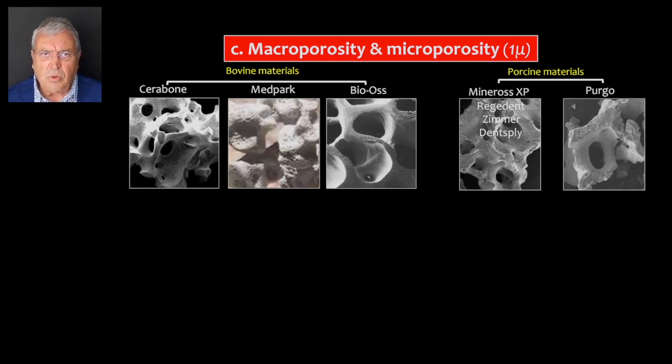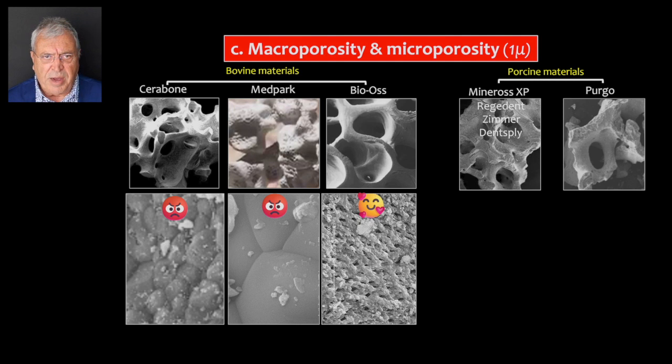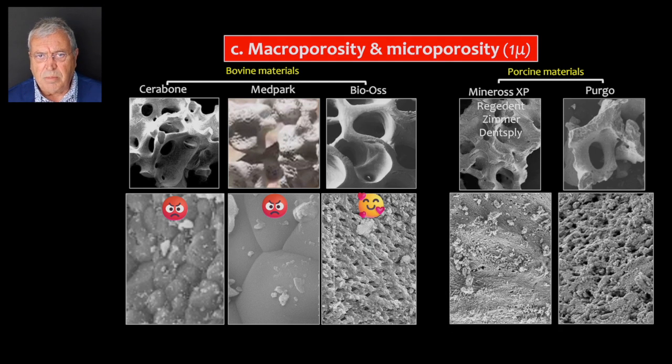But let's go to the microporosity, which is around 1 micron. We have 3 bovine, and we see that 2 of the 3 lost the micropores. In the porcine, we have the same. 1 lost the micropores, and 1 still has all micropores. But why is the stability of the micropores not met?